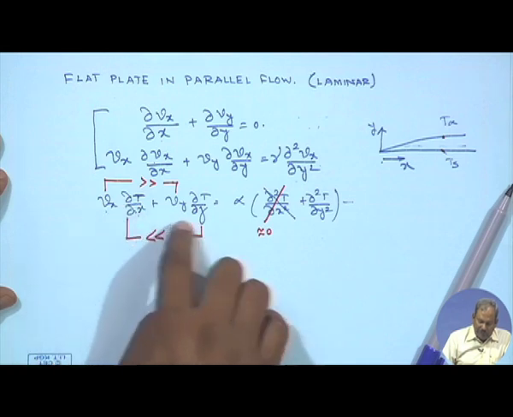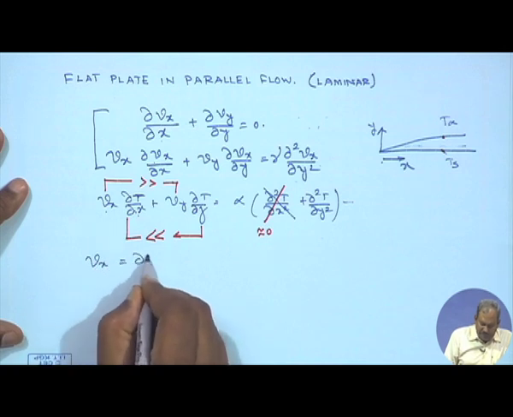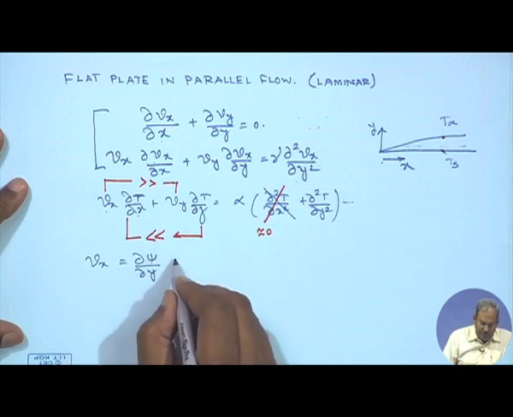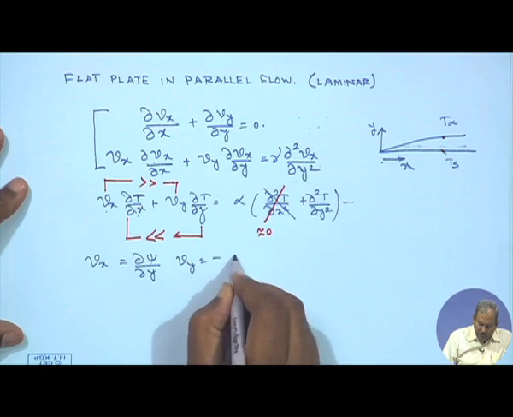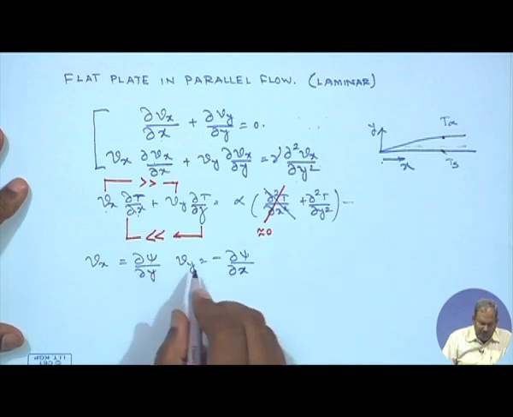Only after we obtain expressions for Vx and Vy incorporated into this energy equation should we proceed to solve for T. So, we need expressions for Vx and Vy, which we already have from the Blasius solution. This is the stream function. If you remember, psi is the stream function, so by definition these are the expressions for Vx and Vy.